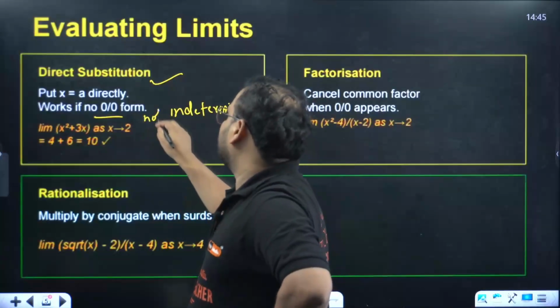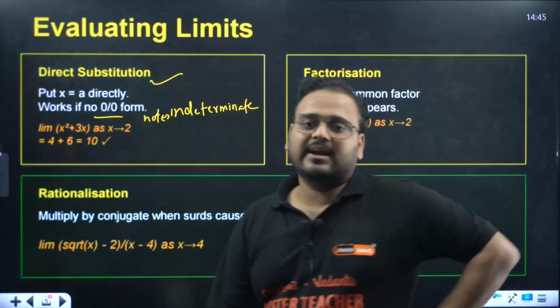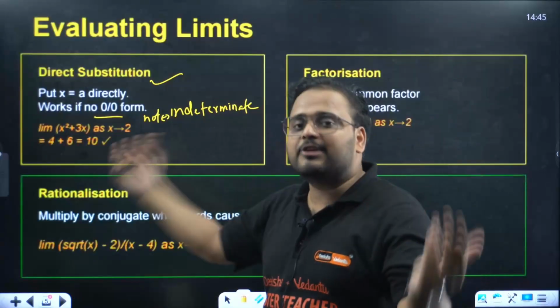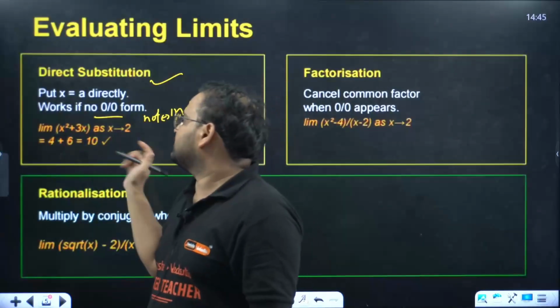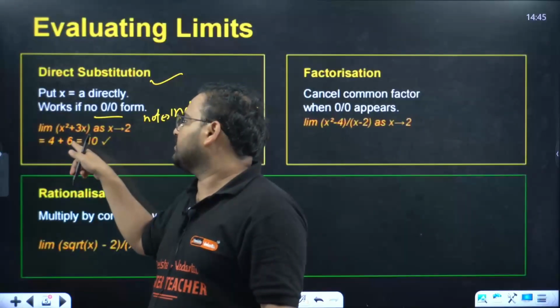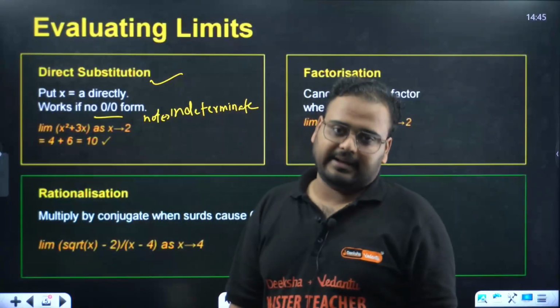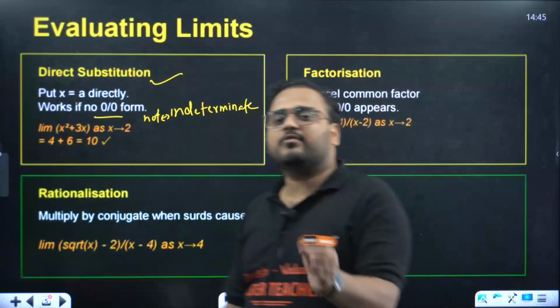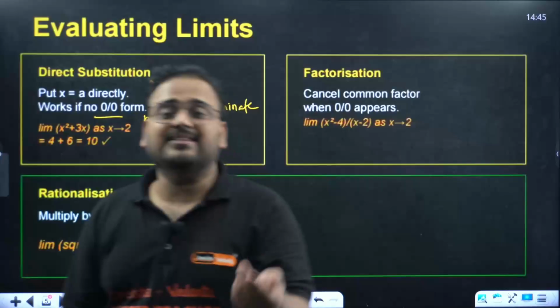In those cases you can directly substitute the value a and get the answer. Let's say here I'm writing x tends to 2. It becomes 2 square is 4 plus 3 into 2 is 6, becomes 4 plus 6 is 10. So you can have cases like this. That's the simplest way of finding limits.